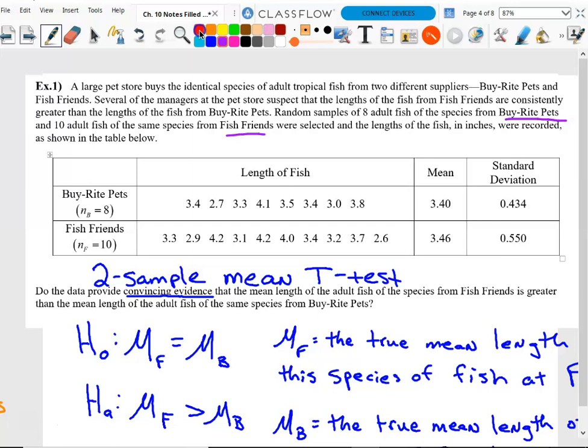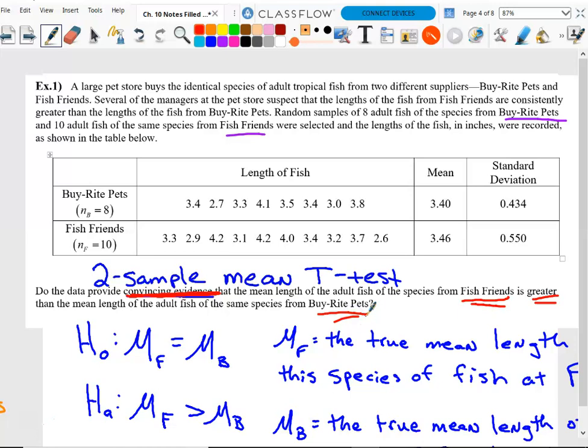What they really asked was, do I have convincing evidence? And that statement should lead you to believe I need a p-value. The fact that we need a p-value means I need a Ho-Ha problem. And they specifically asked, we think Fish Friends is bigger than Buy Right.